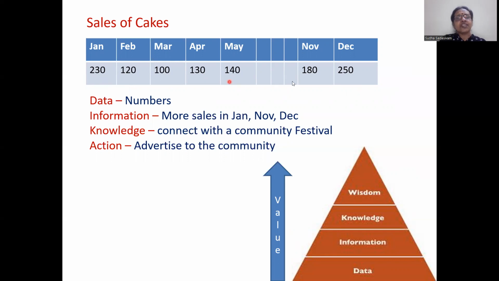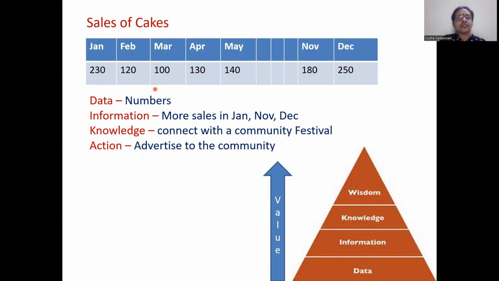From the sales data, on analysis, we can see that there are more sales in the months of December and January. So this is called information. What is knowledge? Connecting this information to external events, such as why such sales have occurred.